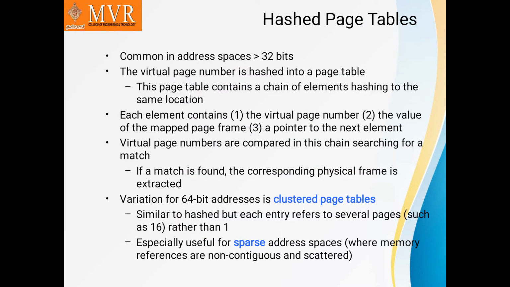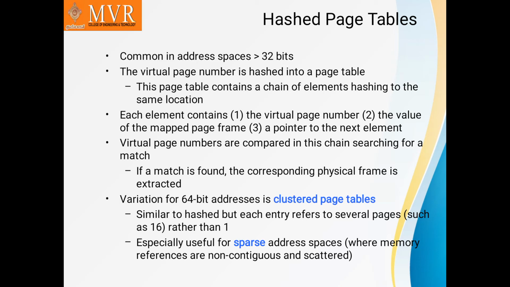And the hashed page table. In this hashed page table, the virtual page number in the virtual address is hashed into the hash table. It is used to handle address spaces greater than 32 bits, and the hash value is the virtual page number. The virtual page number is all the bits that are not part of the page offset.